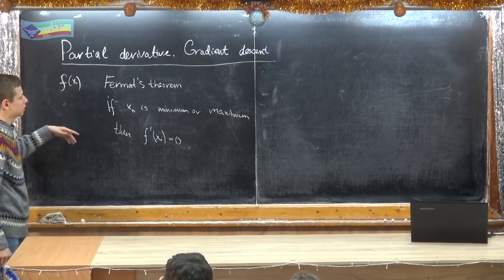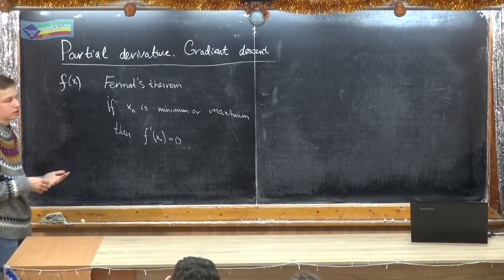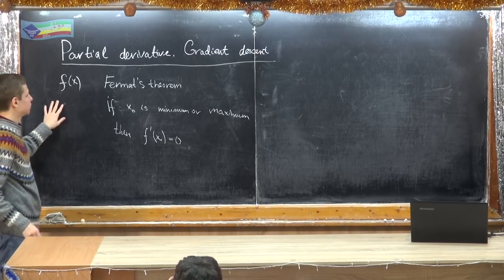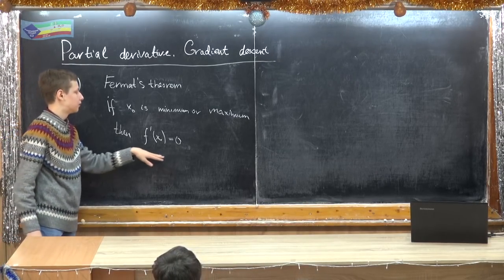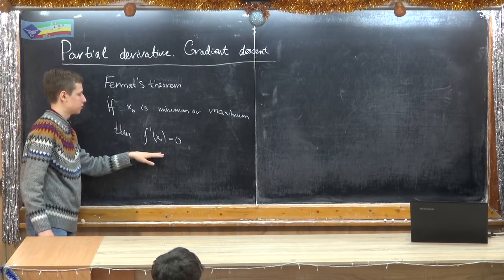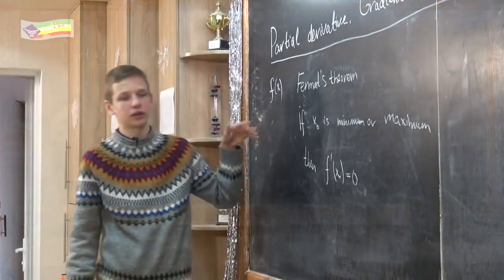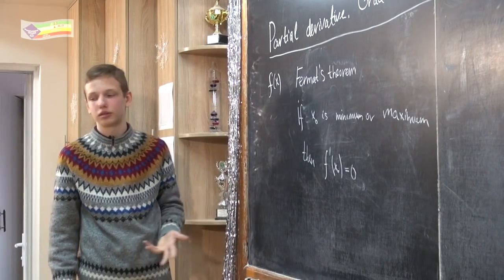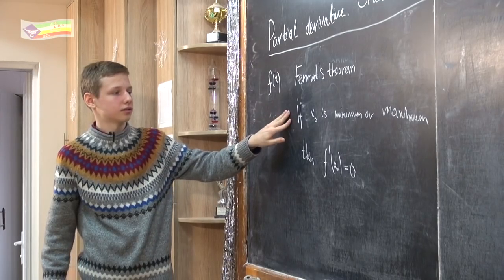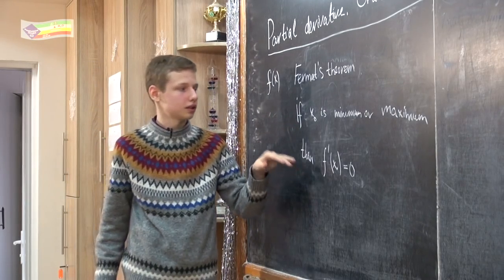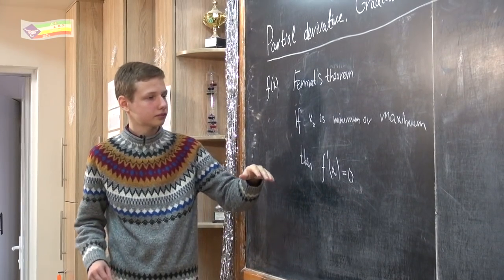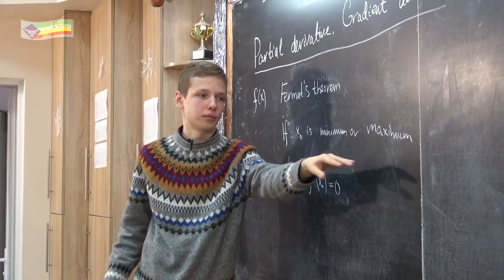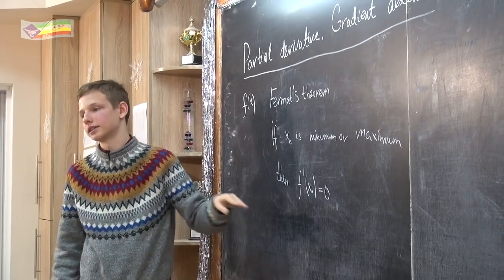It's not the opposite, because in your homework you could observe that if the derivative of a function is equal to 0, then we observe 3 behaviors. But this is quite the opposite, and it states that if we found a minimum or maximum, then the derivative must be 0.